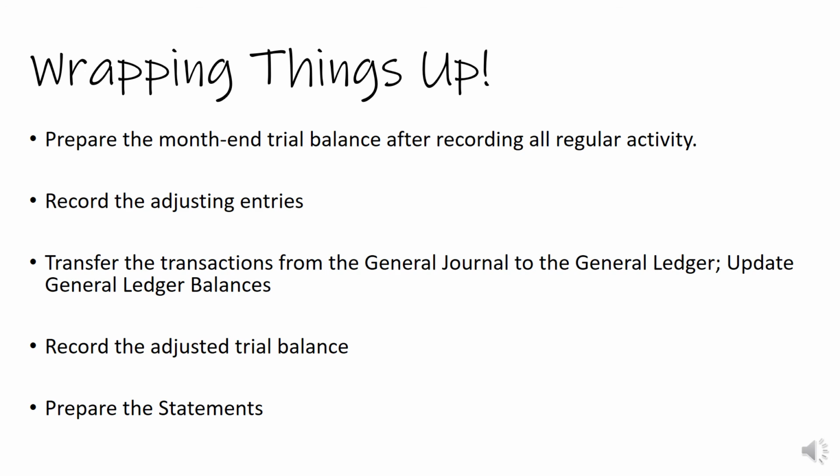Once you've done that, you can record the adjusted trial balance and then use the adjusted trial balance to prepare the statements in the order discussed, beginning with the income statement, followed by the statement of retained earnings, followed by the balance sheet, followed by the statement of cash flows.